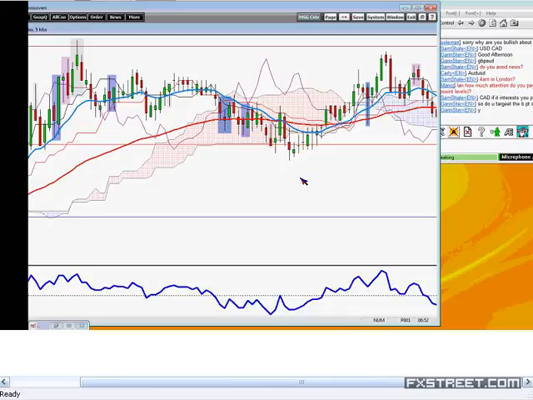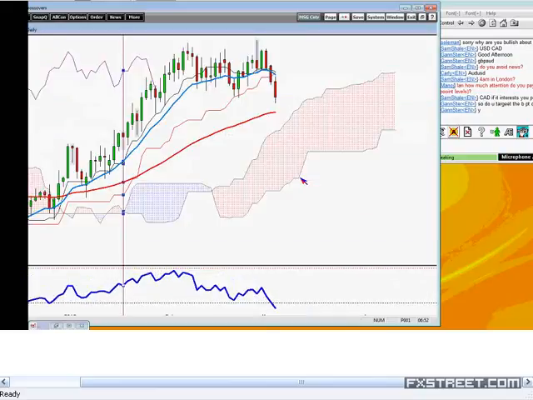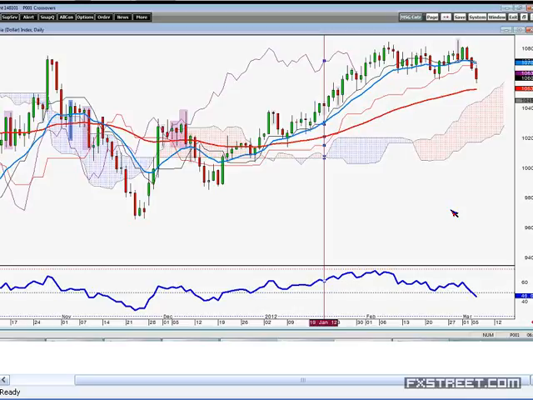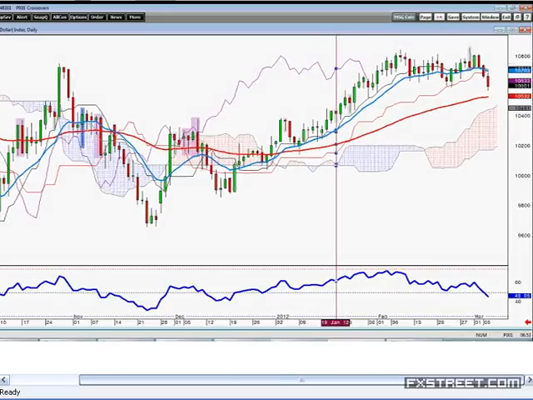Let's look at Aussie dollar. Just going to open this up a bit. Now, I've been trying to catch the top of this for quite some time, and I have been short from sort of last week, and again I'm out of it this morning, and it was based on basically this area here.